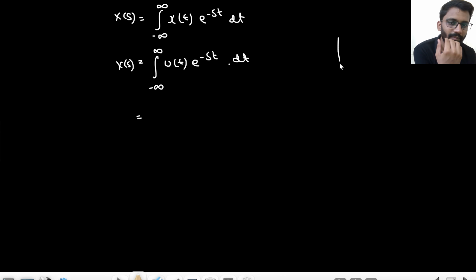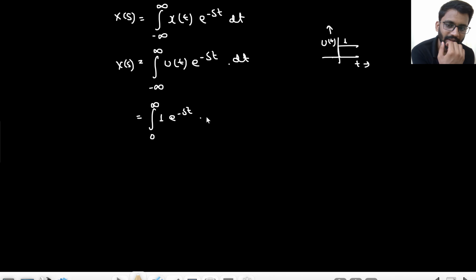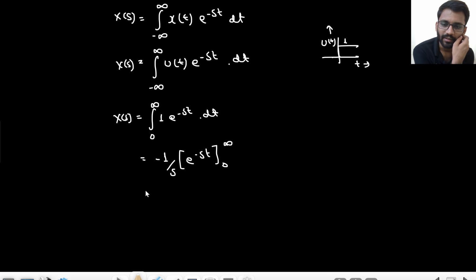Now u(t) is defined from 0 to infinity only, so I can write 0 to infinity, and the value of u(t) is 1, so e^(-st) dt. X(s) is minus 1/s e^(-st) from 0 to infinity.